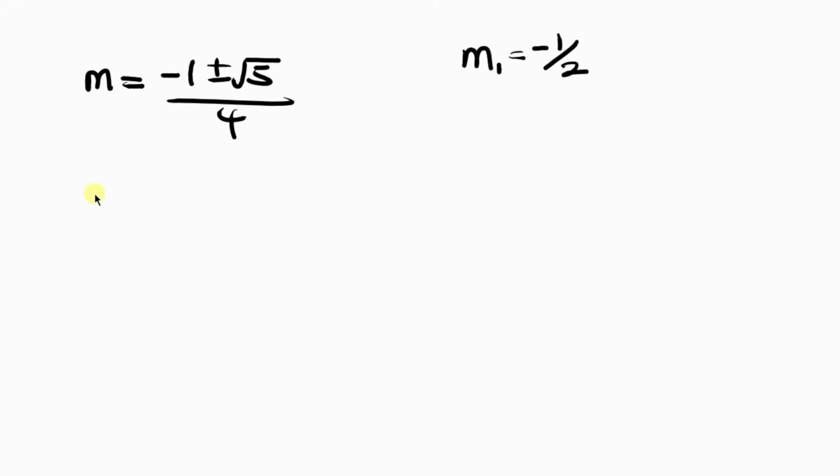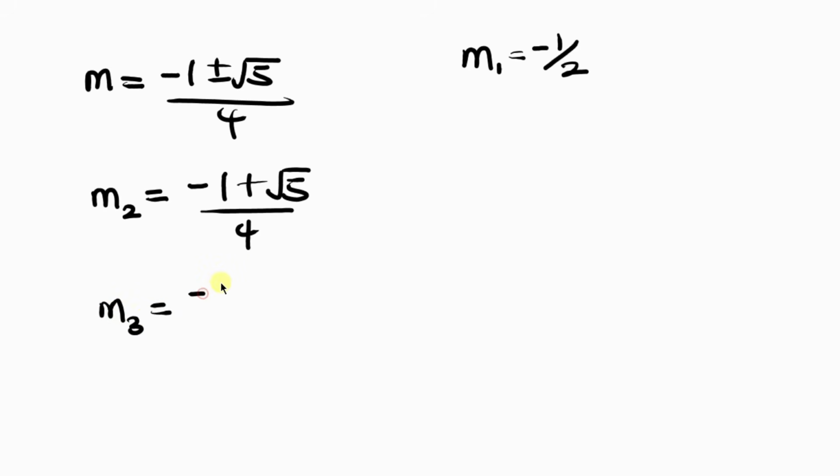So the second value will be negative 1 with a plus the square root of 5 all over 4, and then the third value of m will be negative 1 with the negative square root of 5 all over 4. Very good. So we have 3 total solutions for m.